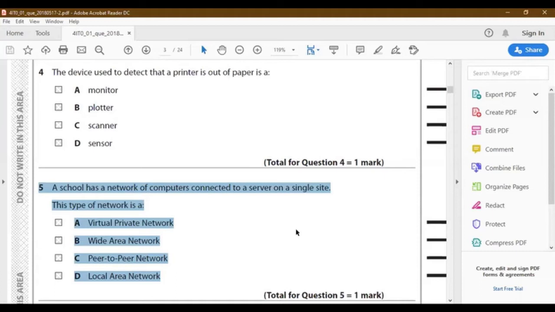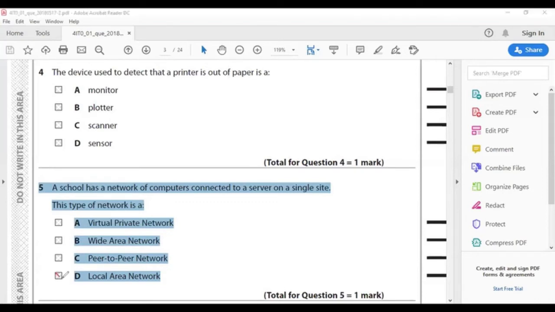This is pretty much like we have in school. What type of network do we call it? Local. Sir, can I answer? Yes, please, go ahead. The answer is LAN, local area network. That is the correct answer, local area network.